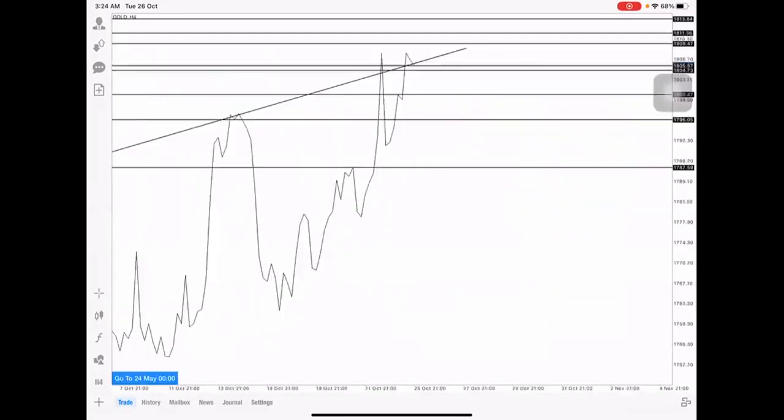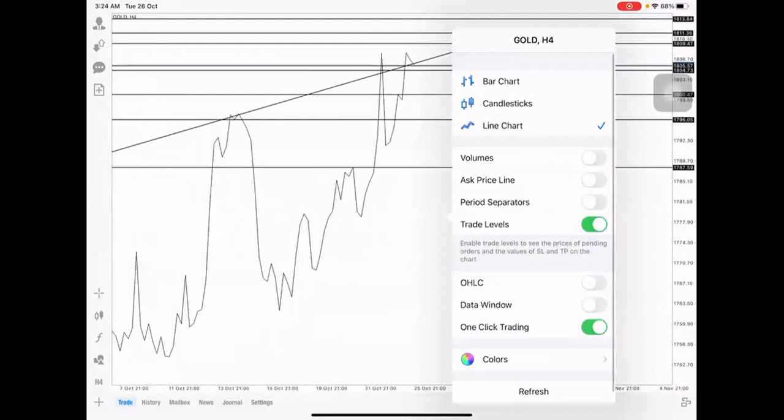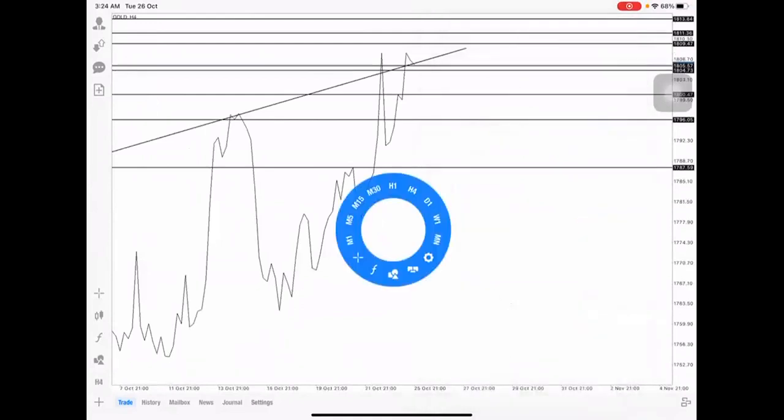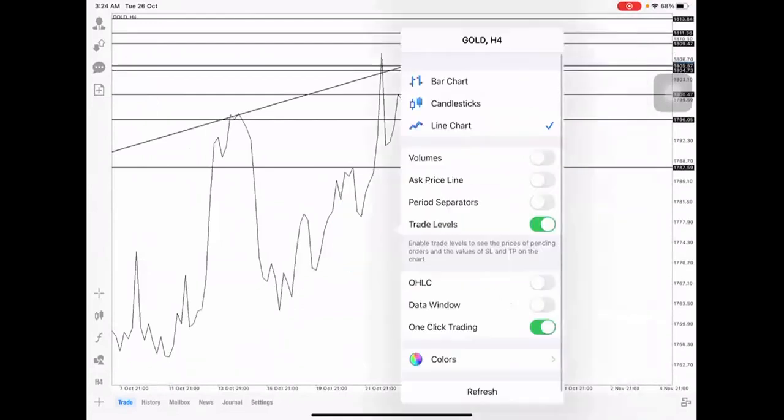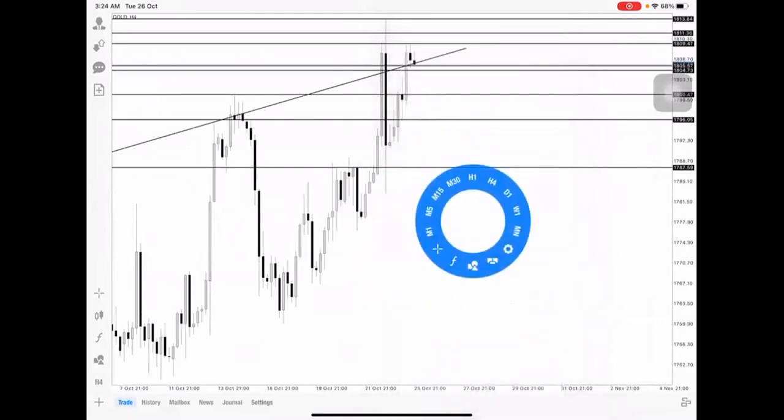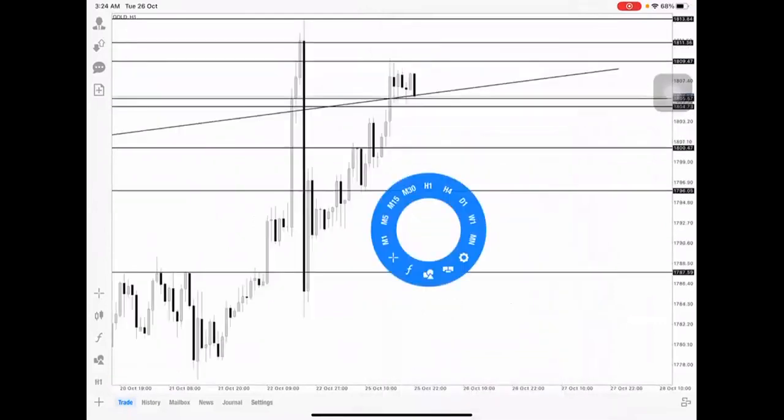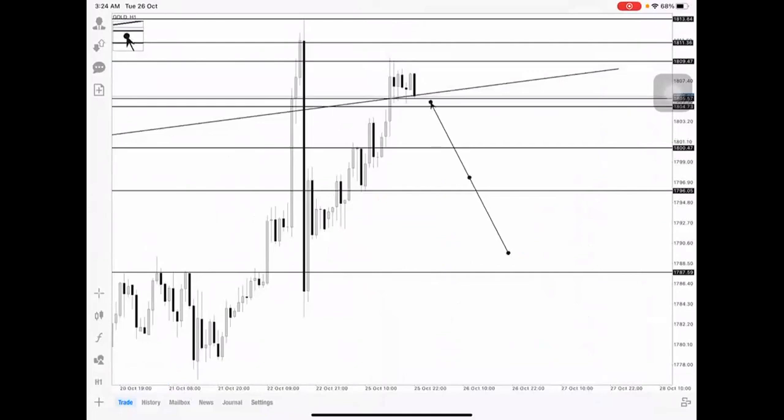Okay, that's it. I'm waiting. So what are we waiting for? Closing. Closing and what is our skill? Price action. Yeah, that's all. Nothing fancy.